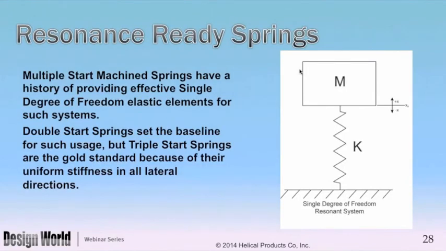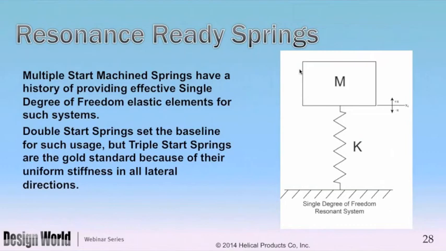Here's an interesting picture. It's a mass and a spring and a ground surface. Those of you who've been through mechanical engineering or some other engineering areas will recognize this as a typical single degree of freedom system.